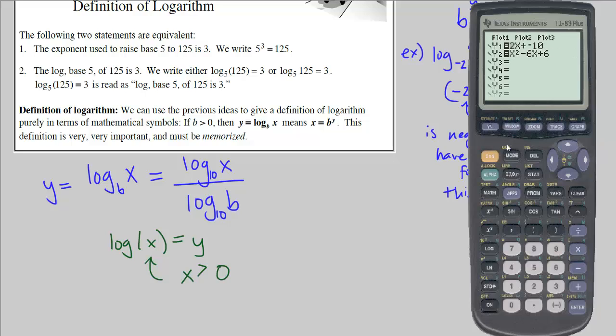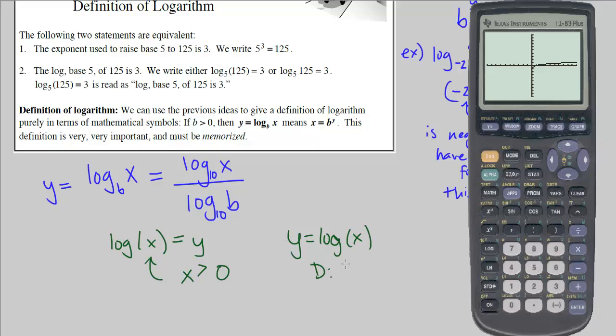Even if we graph y equals log x, the domain starts at 0 and goes everything to the right, excluding 0, because we already know that log of 0 is an error, undefined.